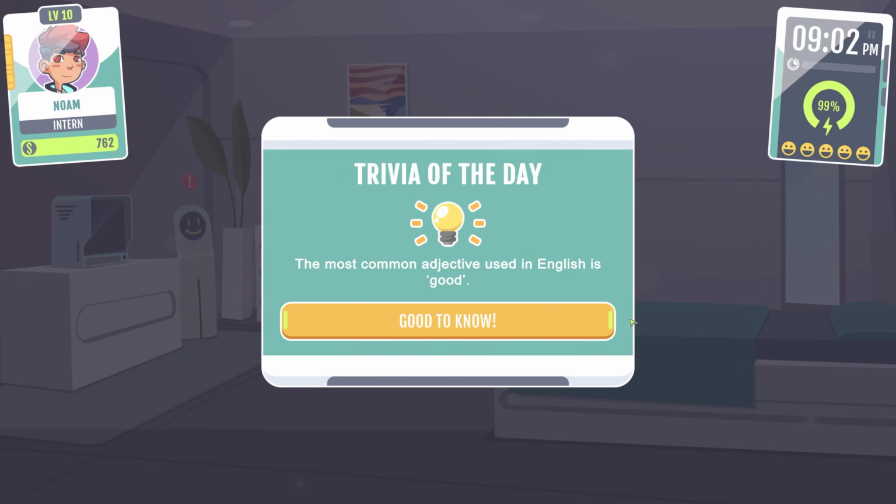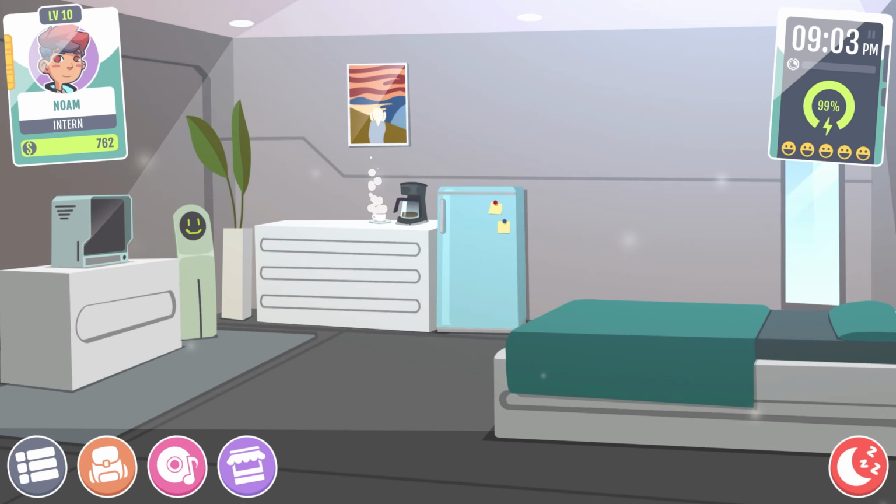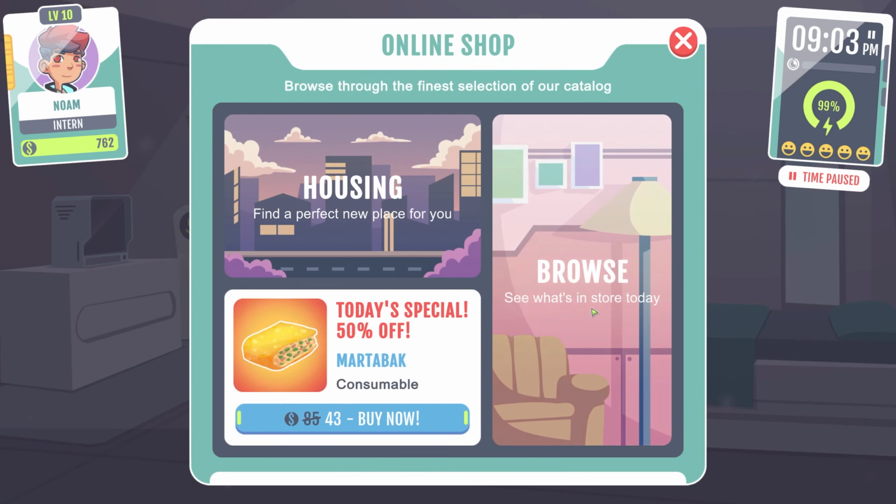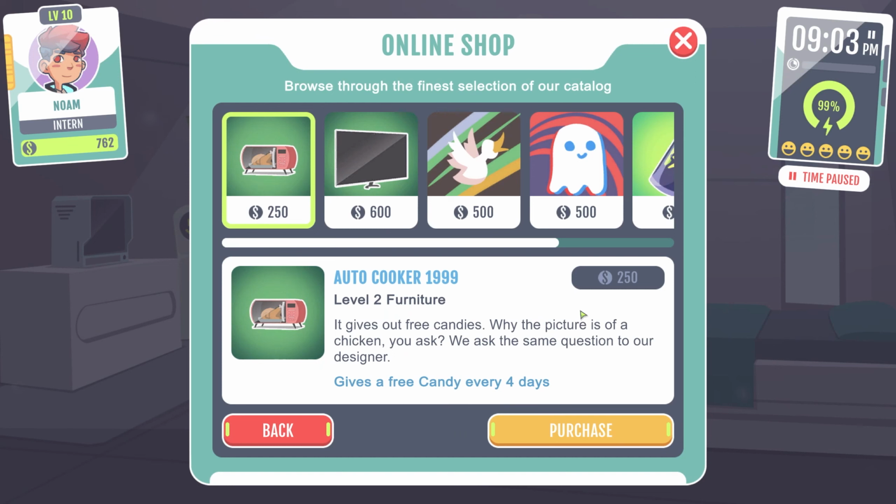Trivia of the day. The most common adjective used in English is good. Imagine if it was bad, eh? Ooh, an auto cooker. It gives out free candies. Why the picture is of a chicken, you ask? We ask the same question to our designer.